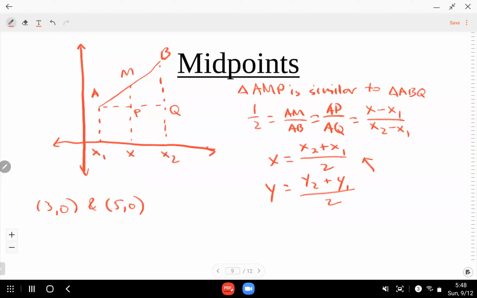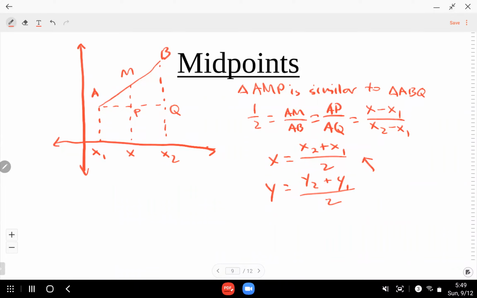We can get the x value by adding: our midpoint is basically 3 plus 5 over 2 and 0 plus 0 over 2, right? And we get 4, 0, and that is our midpoint. So that's proof that this formula works for midpoints when we're given two coordinate points. Of course, if you had a segment, you could just divide it in half, but this is for when you get two coordinate points.